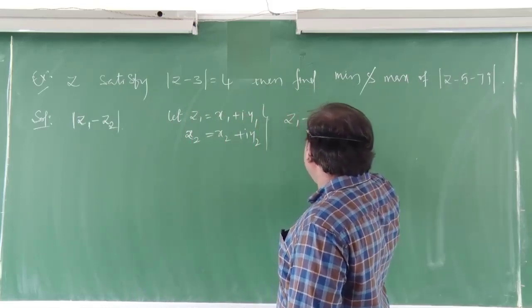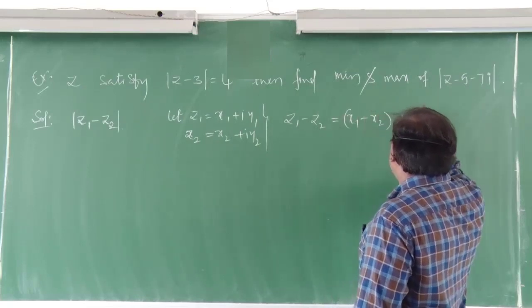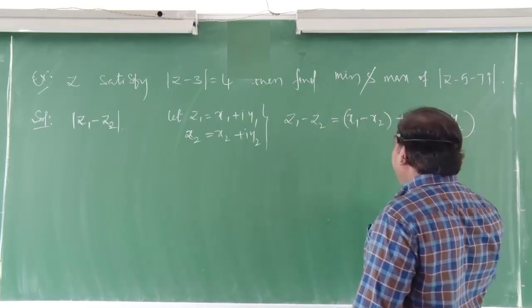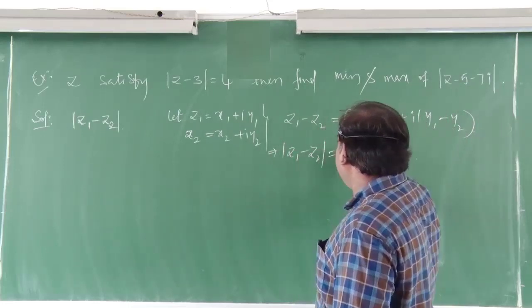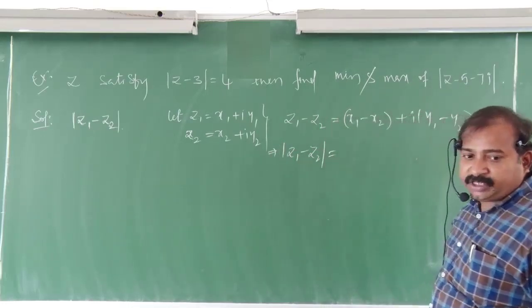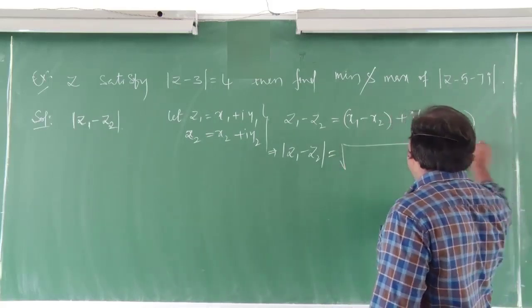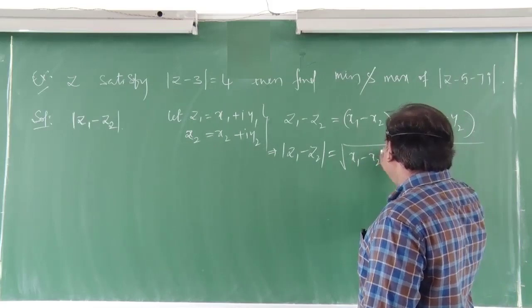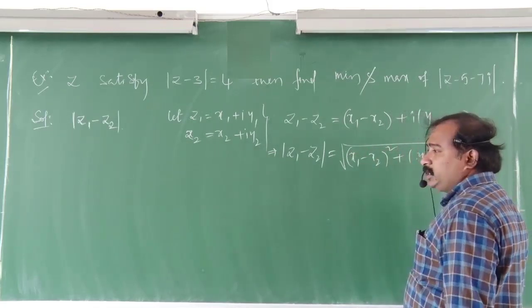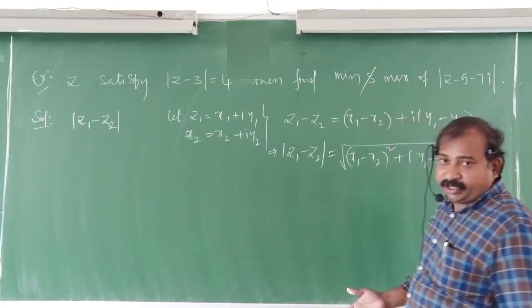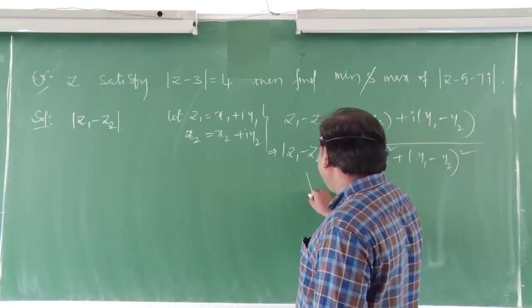Then z1 minus z2 equals (x1 minus x2) plus i times (y1 minus y2). Now modulus of z1 minus z2: what is the modulus of a complex number? It is the root of real part whole square plus imaginary part whole square. So I get root of (x1 minus x2) whole square plus (y1 minus y2) whole square. So now you can understand the geometrical meaning of modulus of z1 minus z2.